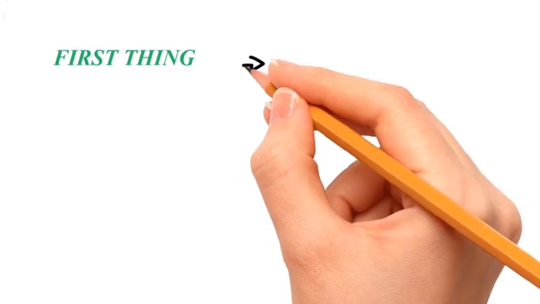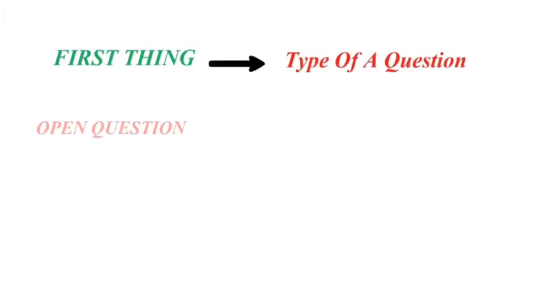The first step is R, that is recognize. So first we need to recognize the question. How will we recognize that? Well, we'll recognize 2 things in a question. The first thing is the type of the question, whether it's an open question or a closed question. In our previous lesson, we learnt about both types of questions.